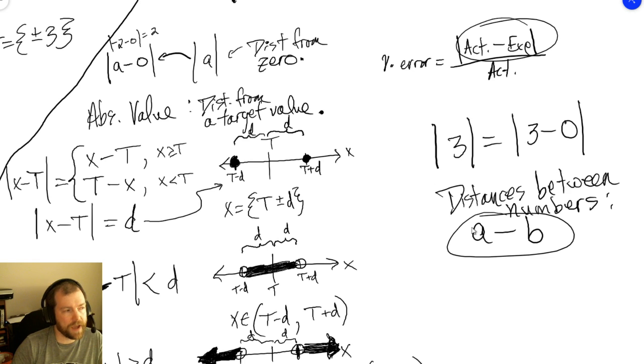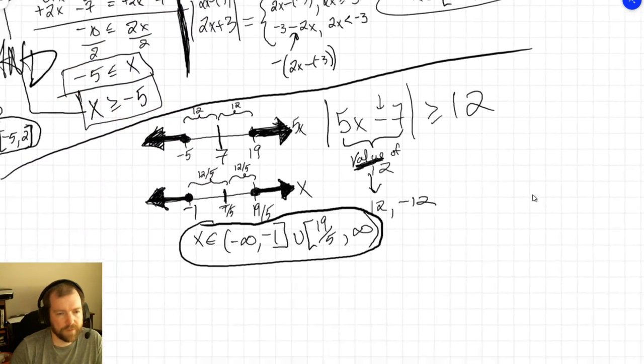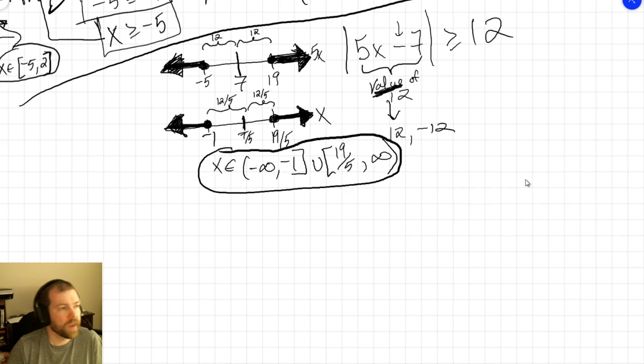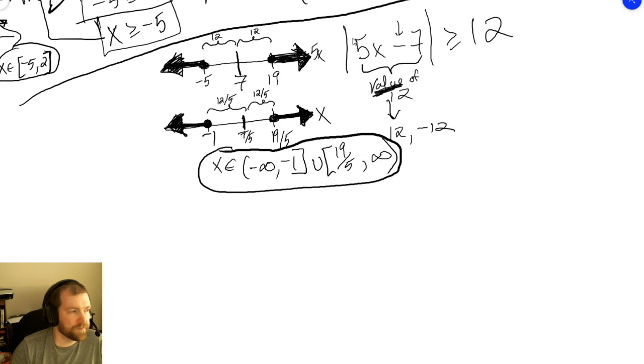So if we make A and B a little more complicated, A is going to be 5x, and B is going to be 7. Then we're looking for what is the distance between these two objects, 5x and 7.